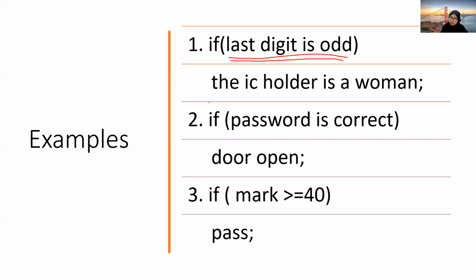Even with the proper relation operator, it is a logic error, meaning you want to do something but something else comes out. So you can change the condition: the last digit is even, and then the if condition is true. Or you can change the statement: the IC holder is a woman is not what it was supposed to be, so this should be a man.